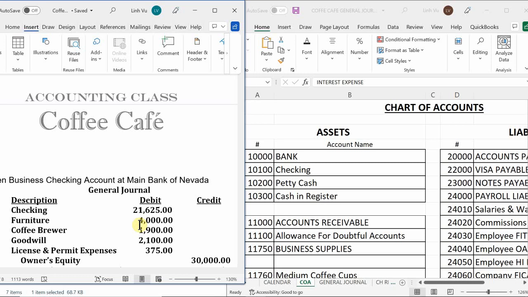And last but not least, what was my total original investment that I had for my company? I started out the company with $30,000, okay? These are just transactions that we happen to have before June 4th, okay?